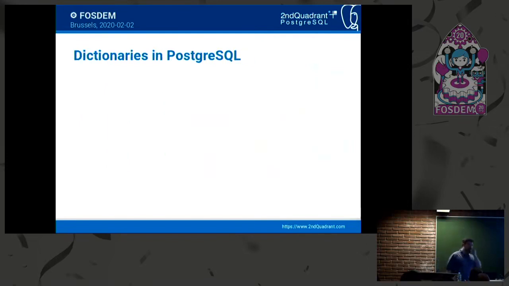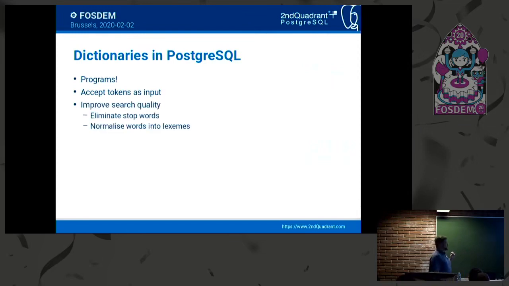So we mentioned dictionaries multiple times. What are dictionaries in Postgres? They're programs. They accept tokens as input, and their output is the normalized text that we need. They improve the search quality, as we said, by eliminating stop words and normalizing into lexemes. They reduce the size of your TS vector, which is good.